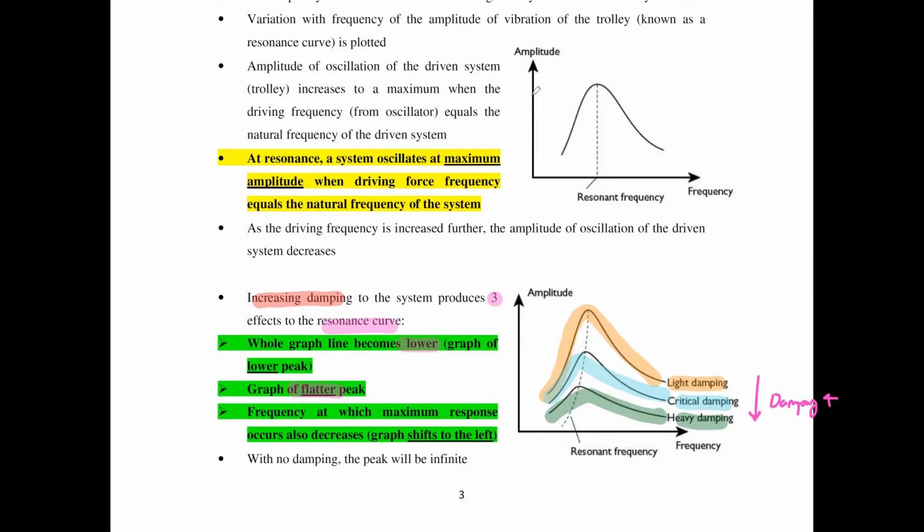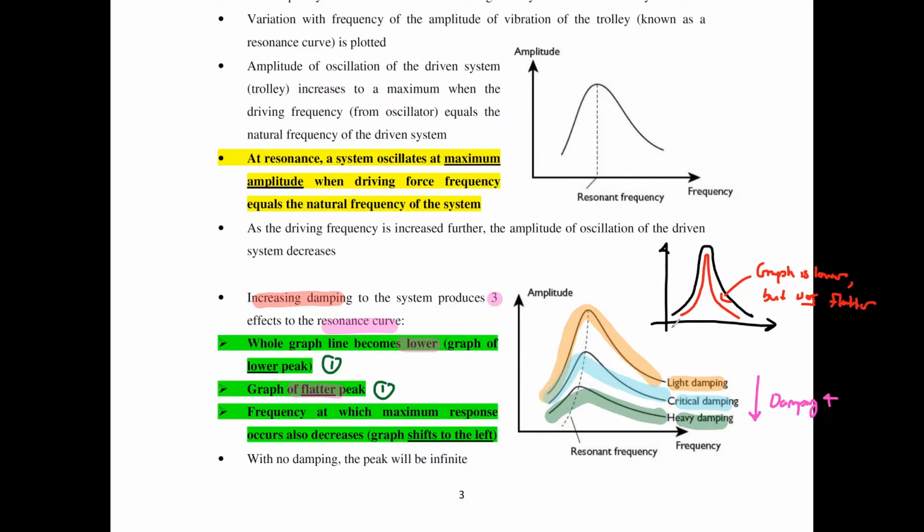So it is actually becoming lower and it's actually becoming flatter. Okay, so when we say it becomes flatter, this one means something like this. If your original resonance curve was like this, okay, if you draw something like this, your graph is lower but not flatter.